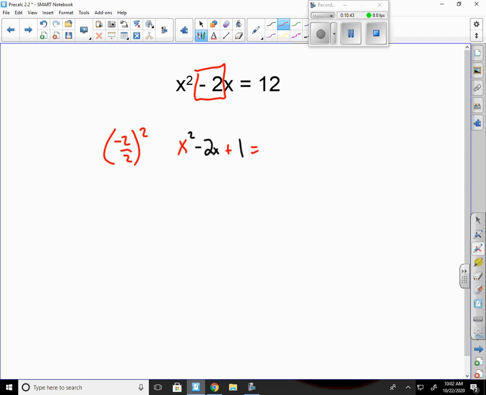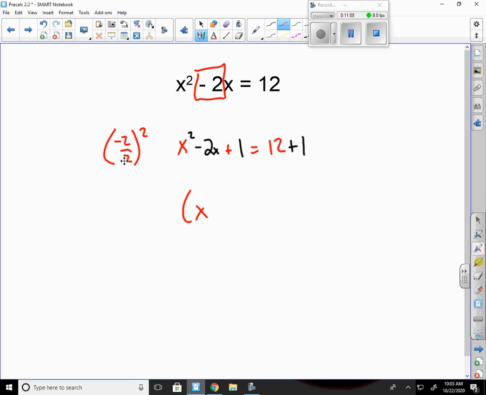Whatever I added to that left side, I have to add to the right side. So it's plus 1. Now again, whatever I found inside of here, whenever I'm turning this into a perfect square, oops, sorry, don't need that squared yet.